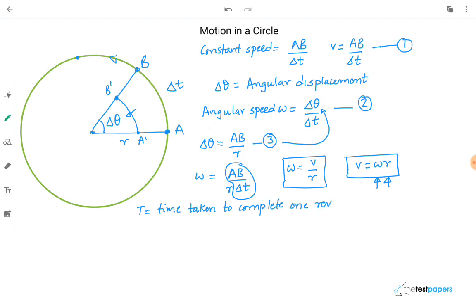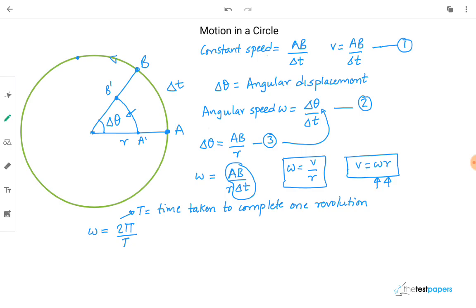So in one revolution, this is the time taken for the particle to complete the full circle. So for this particular particle, the angular speed is equal to the angular displacement, which is 2 pi, because when the particle moves full circle, it covers 360 degrees or 2 pi radians, and t is the time taken.